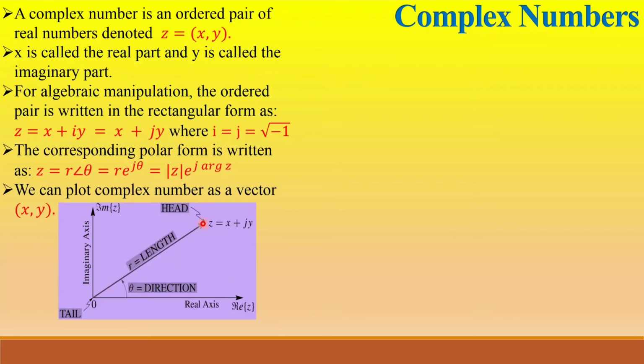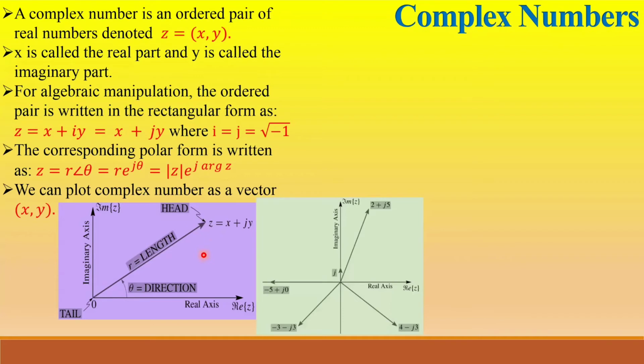The next figure shows four complex numbers: z = 2 + j5, z = 4 - j3, z = -3 - j3, and z = -5 + j0. We can also draw the phases using the polar form by drawing a vector of magnitude r, subtending the angle θ with the x-axis.